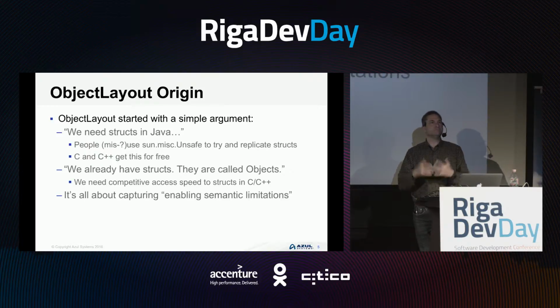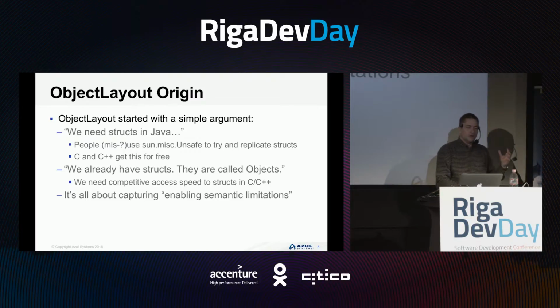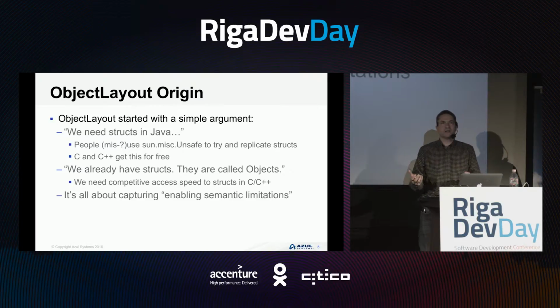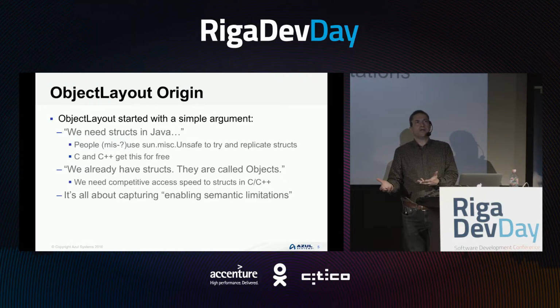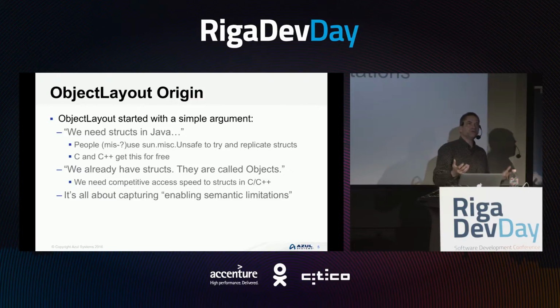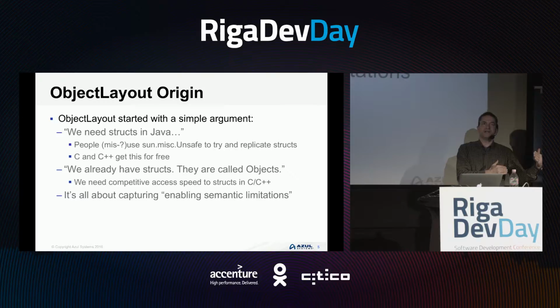C and C++ get it for free because they have structs, so you can just use them, make them work, great. So then people said, well, okay, we need structs, but we already have structs in a way. A struct is just a way of grouping together data in a particular format. You define the format, great. What we have in Java is called an object. You can define what data you want to go in that object.